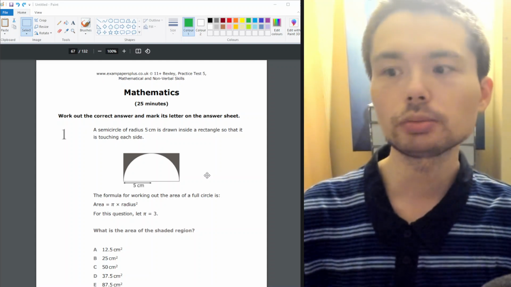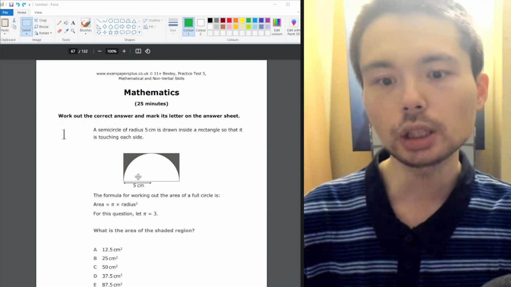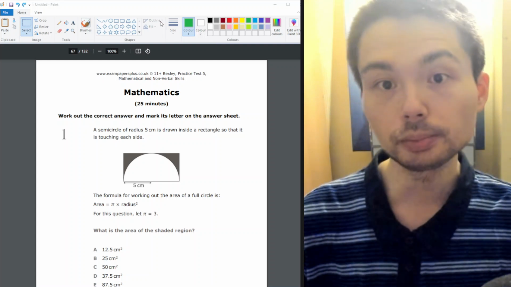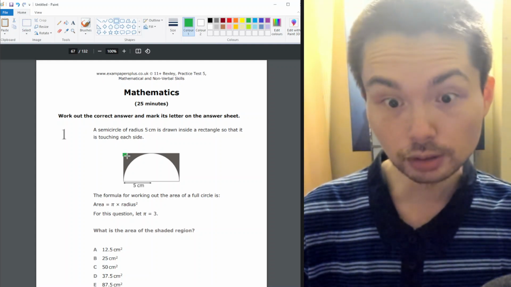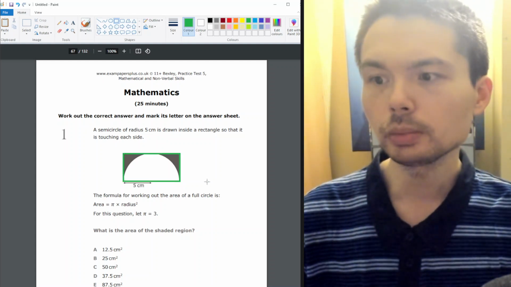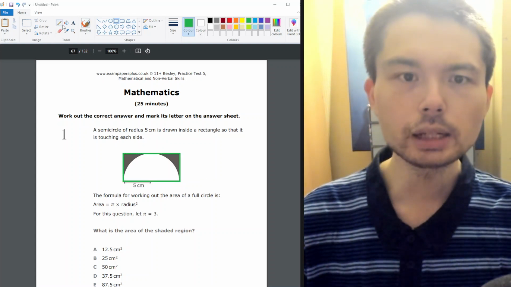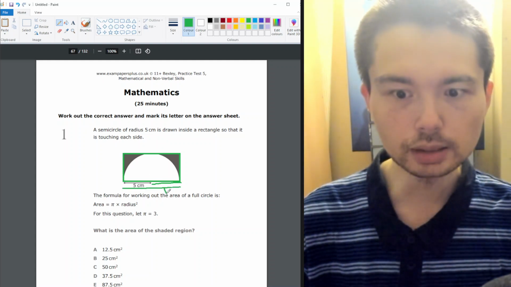A semicircle of radius 5 is drawn inside a rectangle so that it is touching each side. Straight away, you might as well work out the area. Are they giving us that info? Absolutely. That bit here, can you see the radius is 5? That means that bit is 5 as well, so the whole bit is 10.